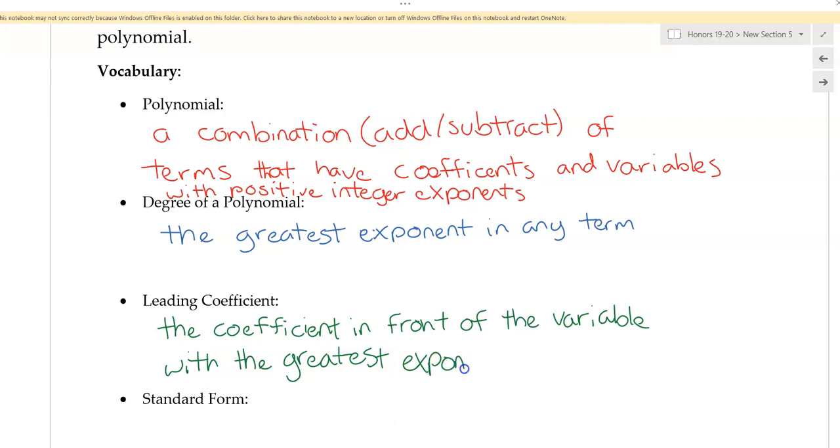Okay, so again, it's the coefficient in front of the variable with the greatest exponent. So the degree and the leading coefficient come from the same term. Okay, so you're always looking in the same spot.